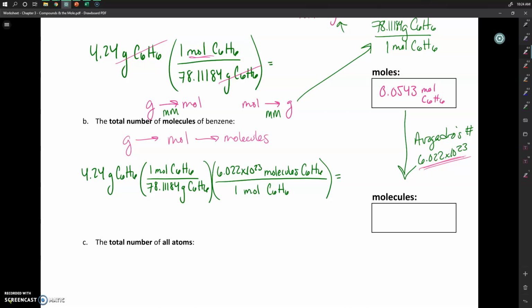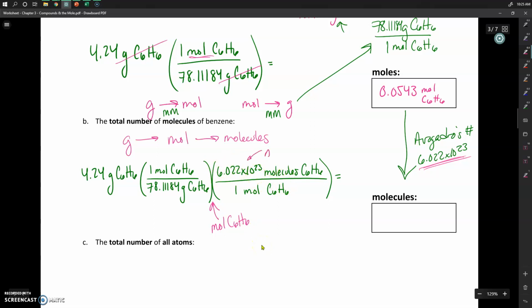So after this first step of doing the 4.24 grams divided by the molar mass, we know that that gave us the moles of C6H6 because we just calculated it up here in part A. So we know once we type this first conversion factor into our calculator that we've got moles. So to go from moles to molecules, you just multiply by Avogadro's number.